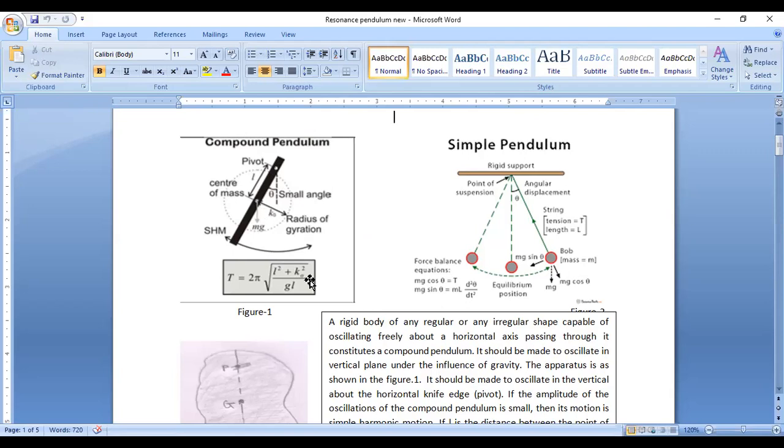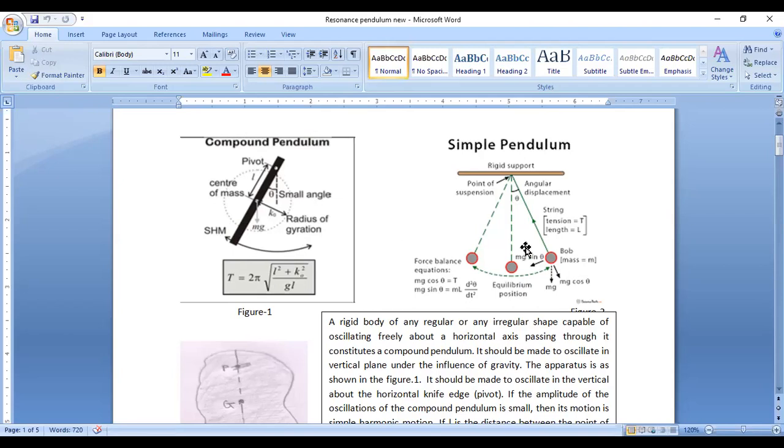K0 you can calculate using the formula which you have already used. So you can calculate L square and K0, and you can find out the periodic time of a compound pendulum when it is oscillating in a vertical plane with a small amplitude.